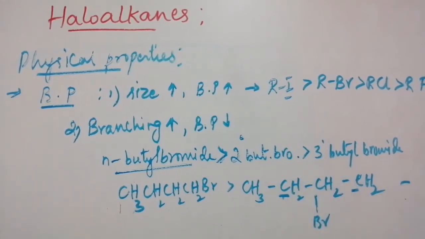So if branching is more, the boiling point will be less.